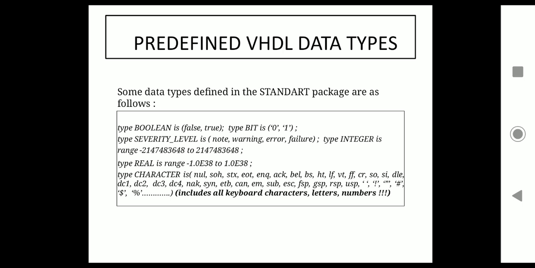And this includes keyboard characters, letters, numbers, etc. That means this can include hash, exclamation mark, double quote, dollar sign, percentage, anything that comes under the character predefined data type. So these are examples of the different data types that are already present in that standard package that we have to define.